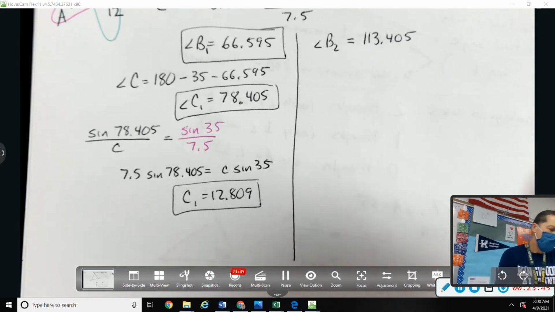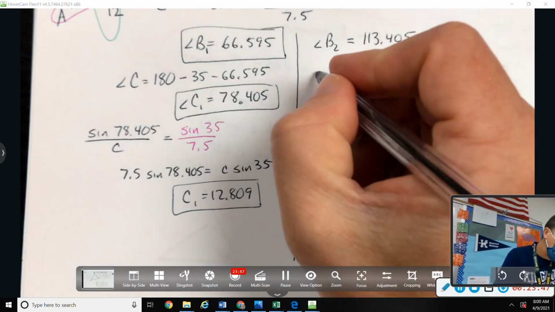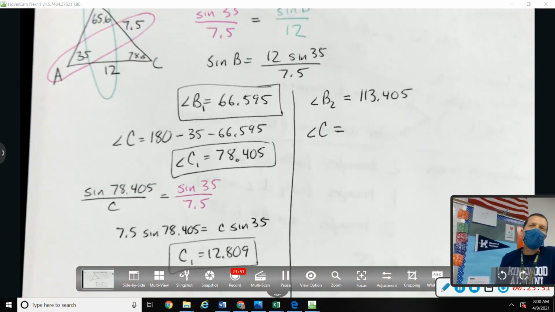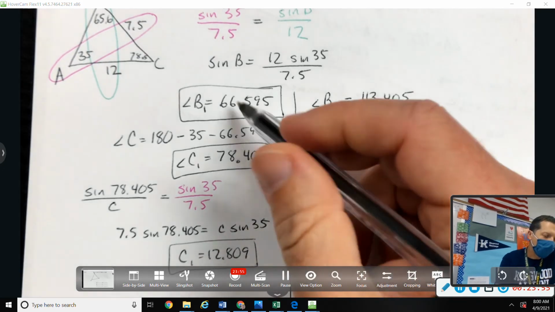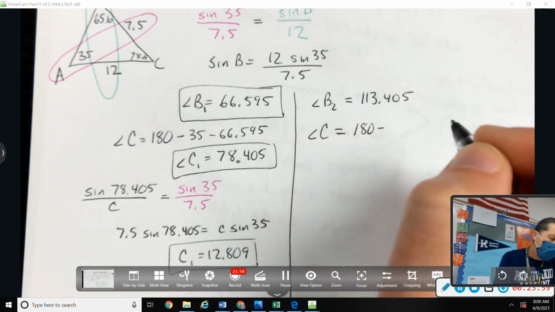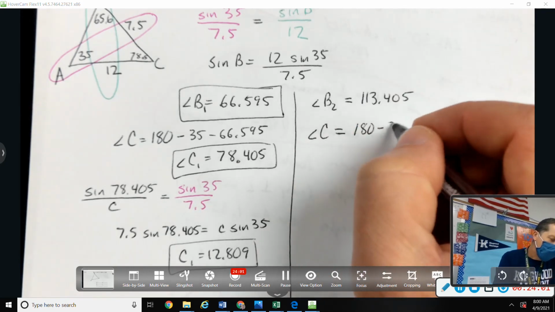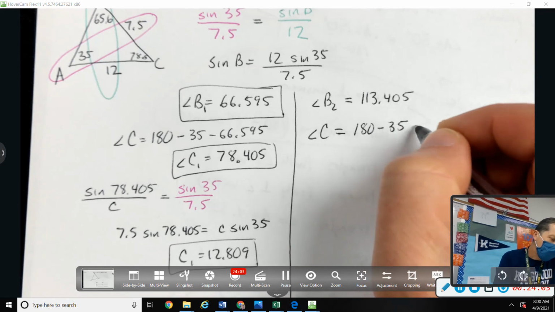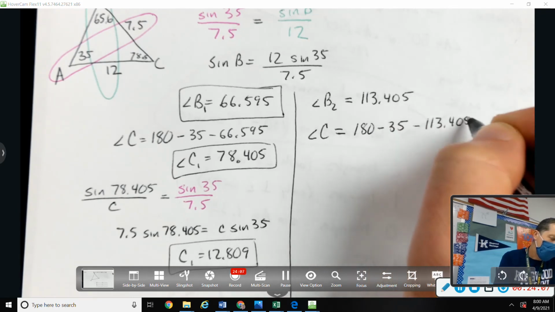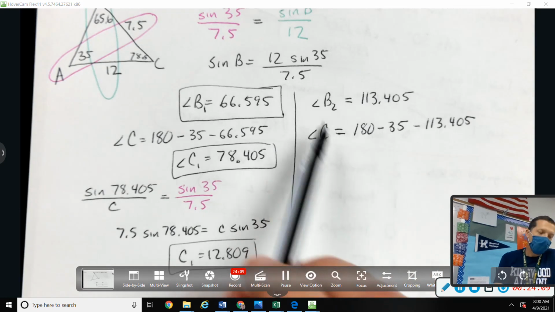Now on to option 2. I guess the good news is it's the same exact steps with just different numbers. So whatever we did for triangle 1, we're going to do for triangle 2. So 180 minus the other two angles. And this is the spot where we figure out if this second triangle works or not.